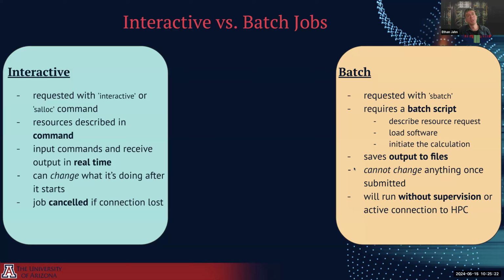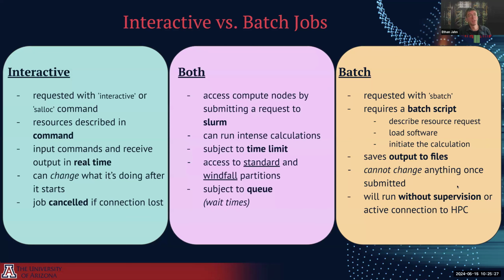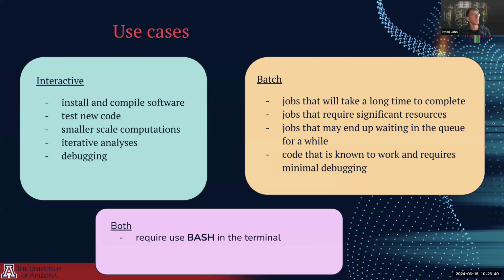They require a batch script, save to output files, and run without supervision or active connection. And both use Slurm. Both can use whatever compute resources you request from it, and they have access to all of the partitions and wait times and all of that stuff. Use cases, we did kind of discuss those as we were going.